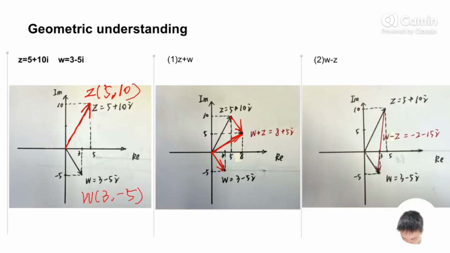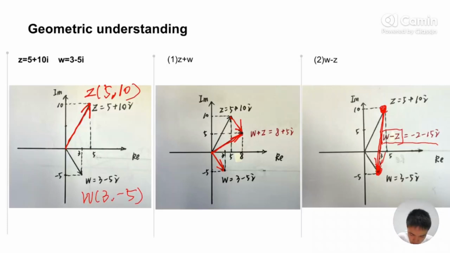And w minus z is this vector, which is minus 2 minus 15i. Yeah, as you see, we connect these 2 points and get this new vector, which is w minus z.